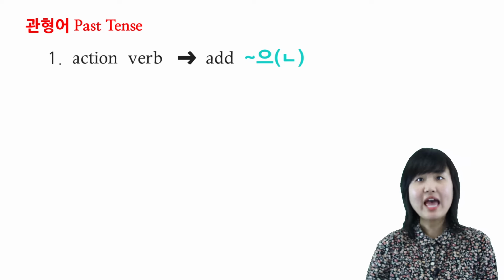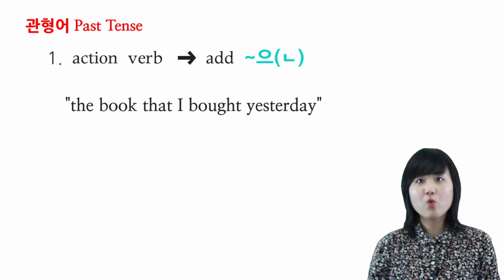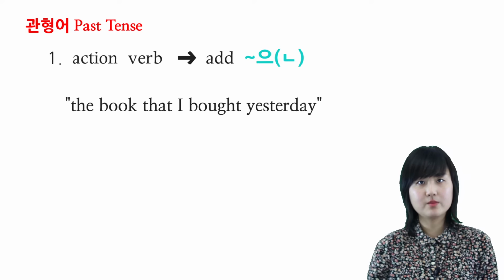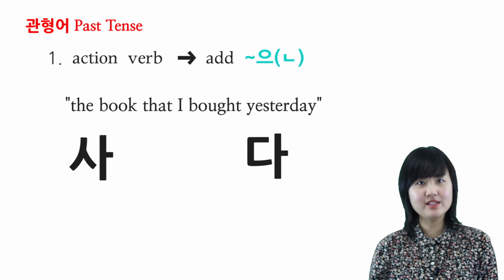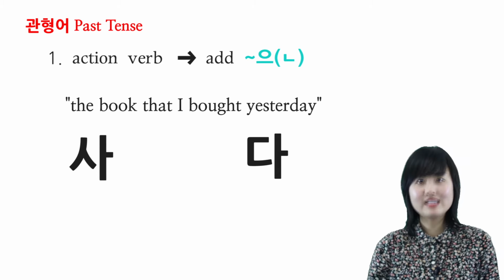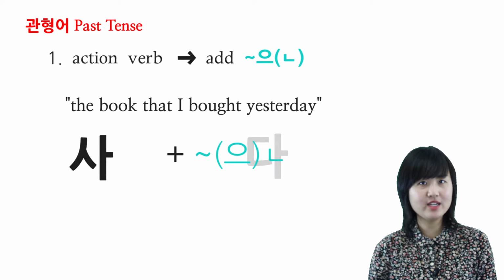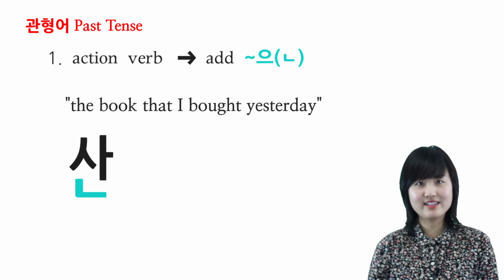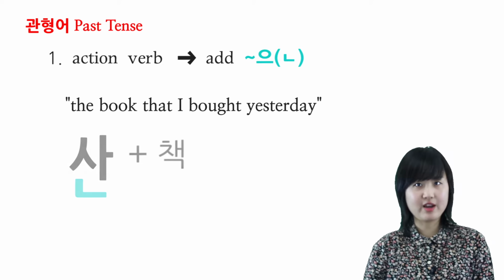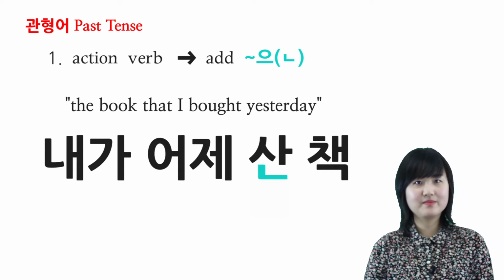For example, the phrase that we used, the book that I bought yesterday, we have to use the word bought. In Korean, it's 사다, and the verb stem is 사. 사 does not have a final consonant. Therefore, 니은 should be added to 사. Hence, the book that I bought yesterday will be 내가 어제 산 책.